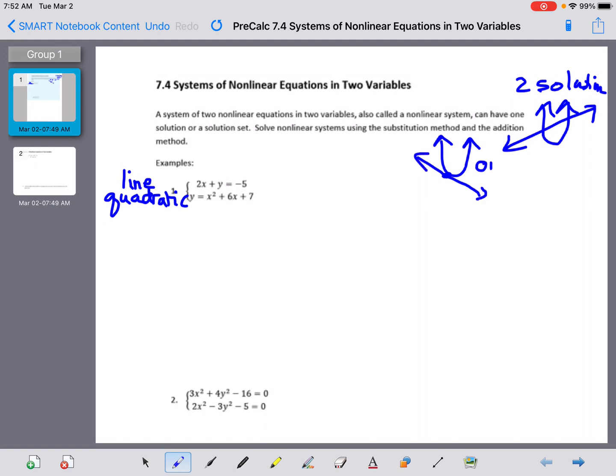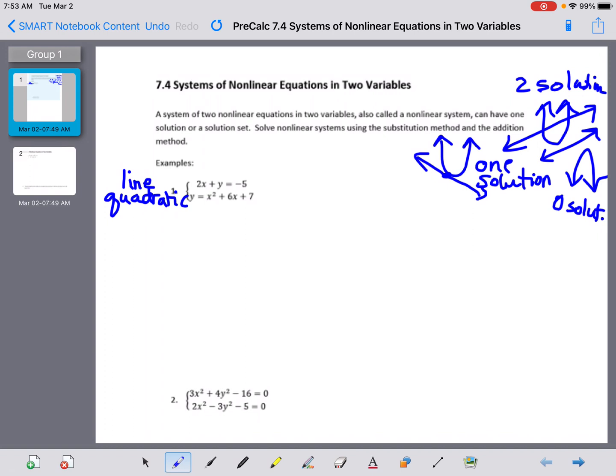So we could have one solution. Or perhaps on my parabola, okay, the line is completely off of it and we have zero solutions. So each time you go to do these, you know there's options for how many solutions. So it's not like we can always look and say, this is how many you should get. There are differences depending on how the two equations meet on a graph.